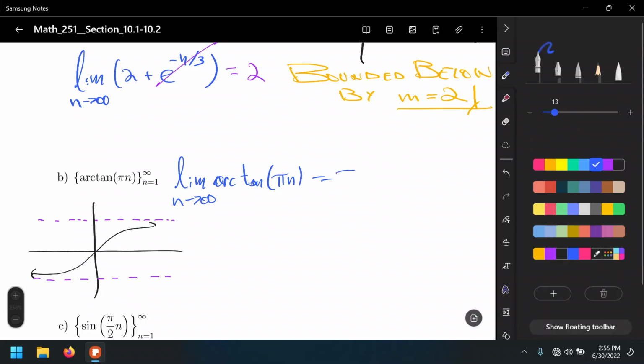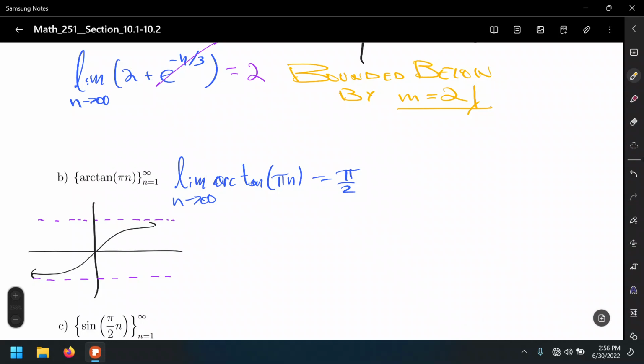But the question here is: is this sequence bounded above or bounded below, or bounded both above and below? So do we have an upper bound, or both bounds above and below?